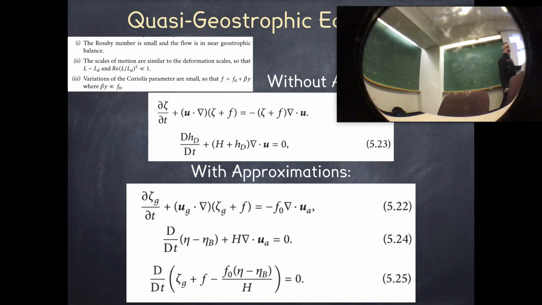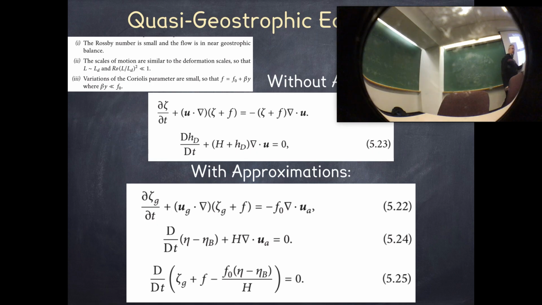It's extremely confusing, and I would actually prefer if they wrote the big H underneath. It would not change the meaning of this equation at all to divide this by big H and this by big H and this by big H squared. It would just give it the same units. Likewise, f naught over big H, we don't actually have to have f in here. We could have just written beta y.